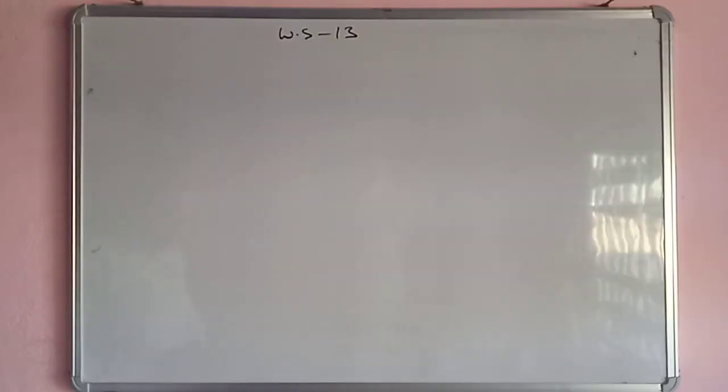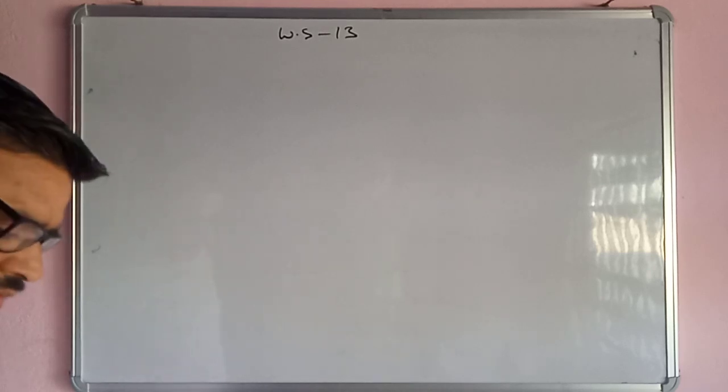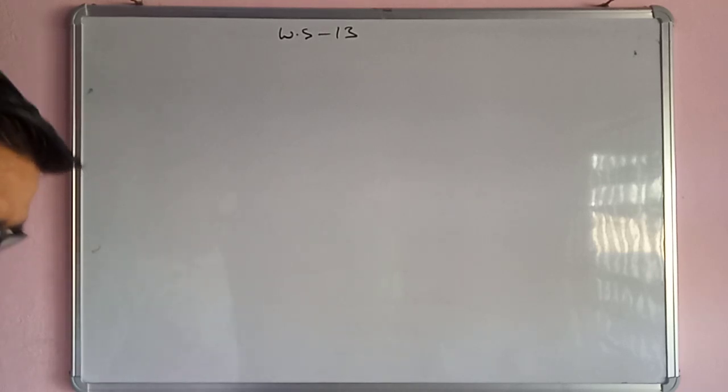Next we have worksheet number 13. In this worksheet there are word problems. The first question is: 12 tins can hold 39.624 liters of oil. Then how much oil can one tin hold?